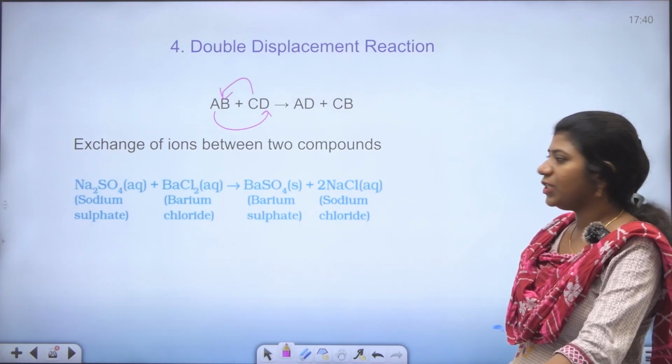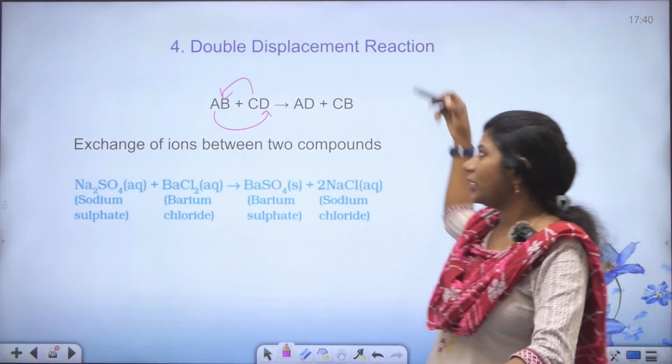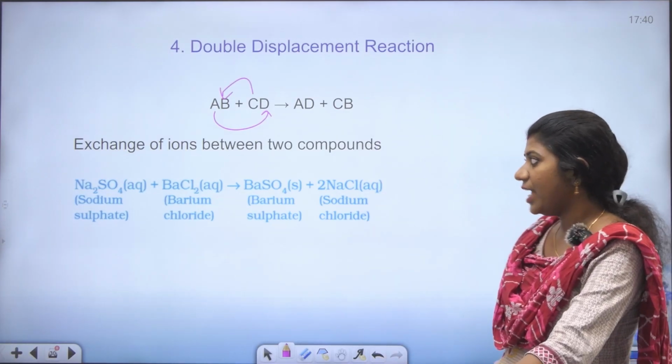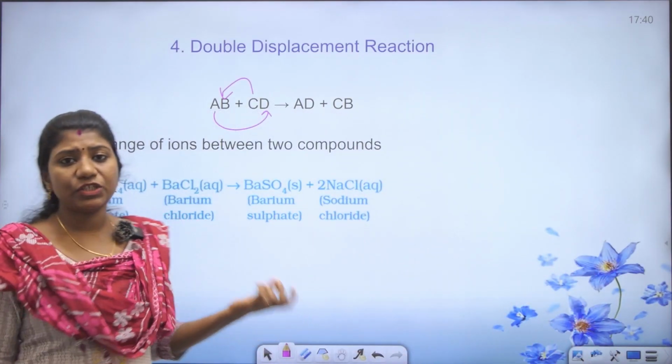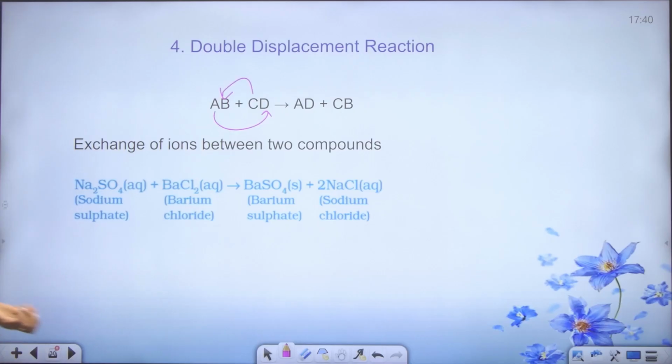Exchange of ions between two compounds is called a double displacement reaction. Both the cations and anions are exchanged to form new products. That type of reaction is called a double displacement reaction.